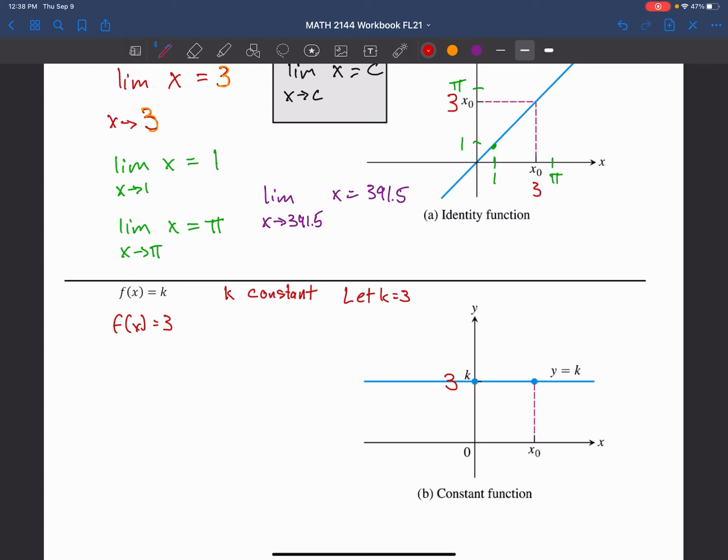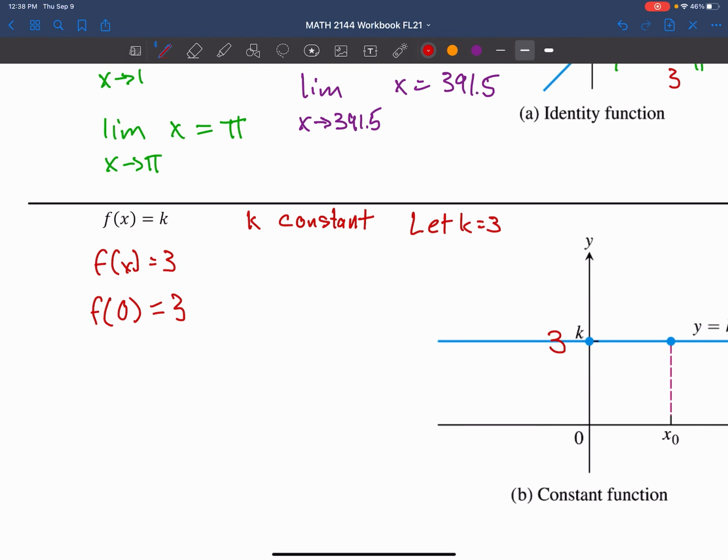Just to get a good grasp on this function, f of 3 would be equal to 3. F of pi would be equal to 3. F of 42 would be equal to 3. That's the constant function. Y values, what do you notice is the y value? What is it always going to be?